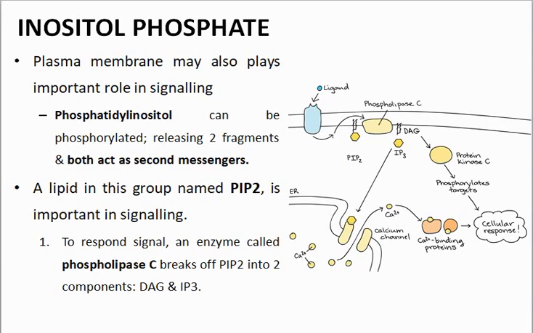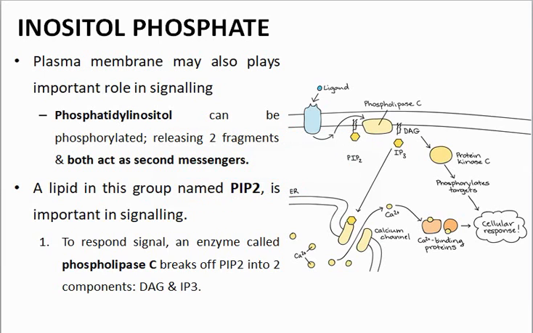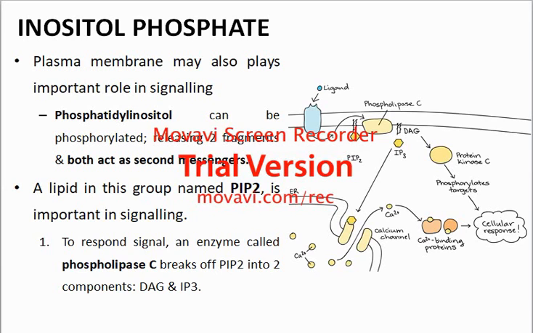One lipid in this group that is particularly important in signaling is called PIP2. In response to a signal, an enzyme called phospholipase C cleaves PIP2 into two fragments, DAG and IP3. These fragments can both act as second messengers.